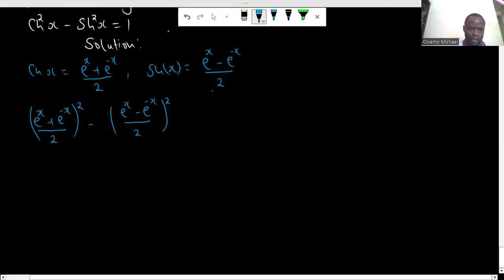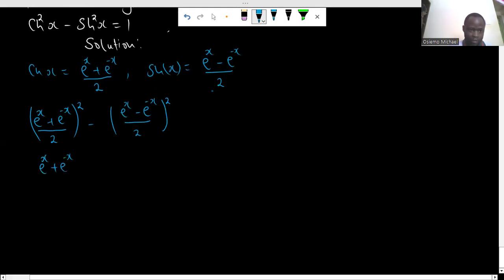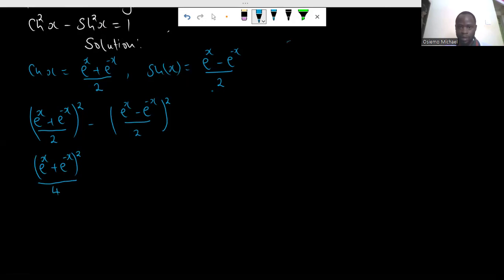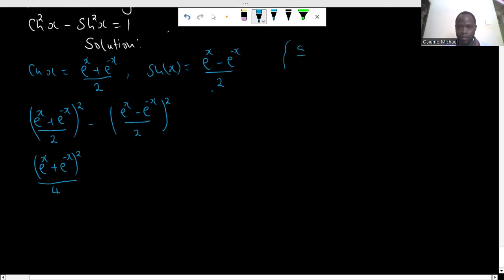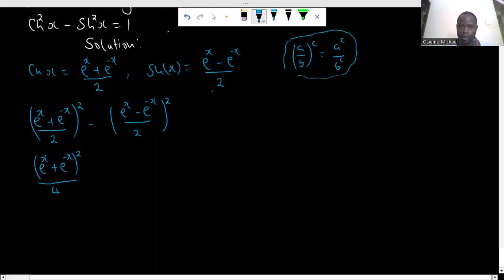So this is the same as exponential x plus exponential negative x, squared over 4. Remember, a over b raised to power c is the same as a raised to power c over b raised to power c. So you can remember that.